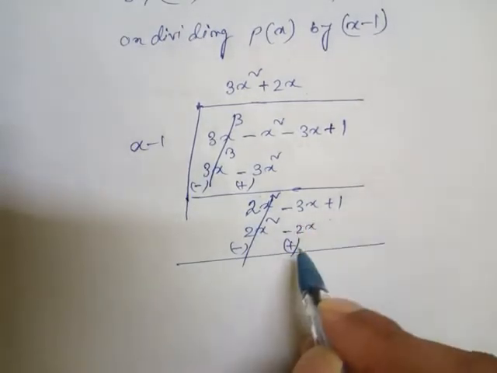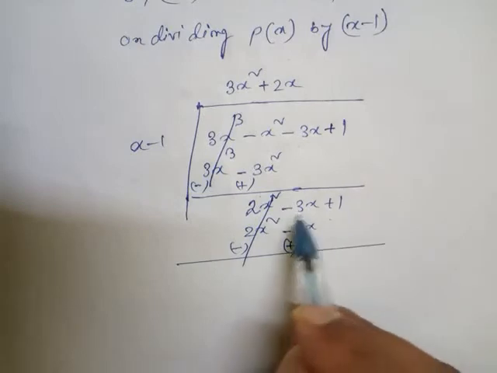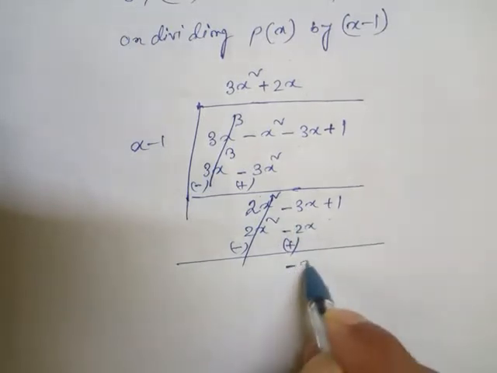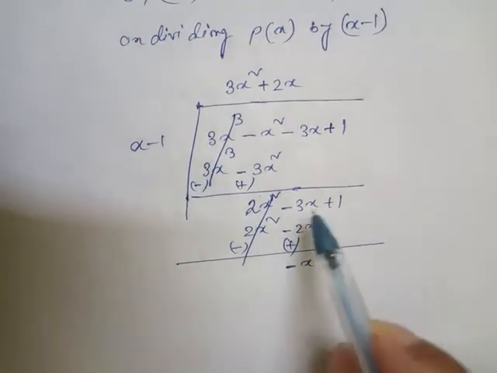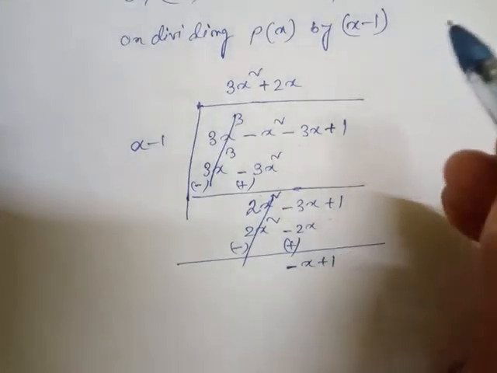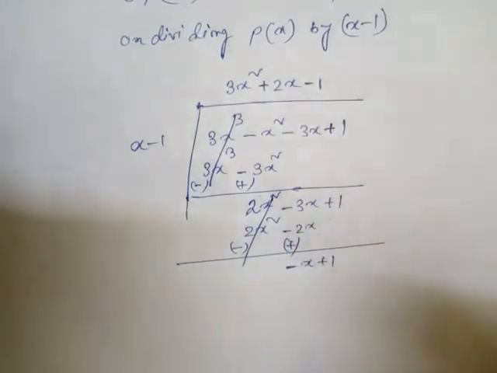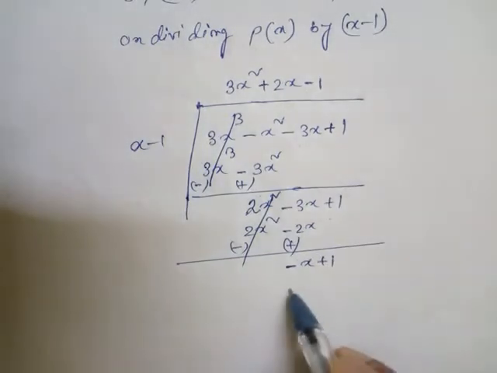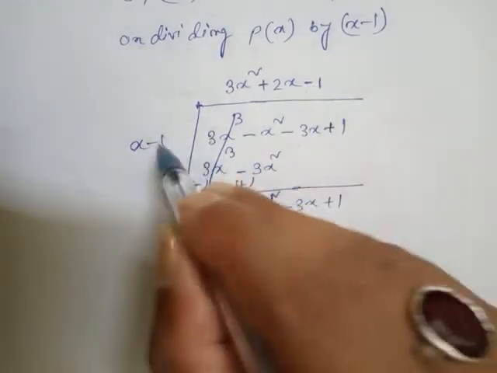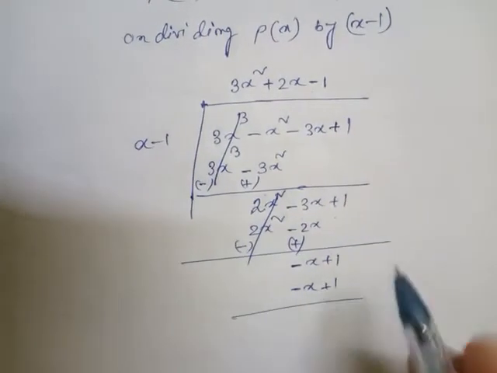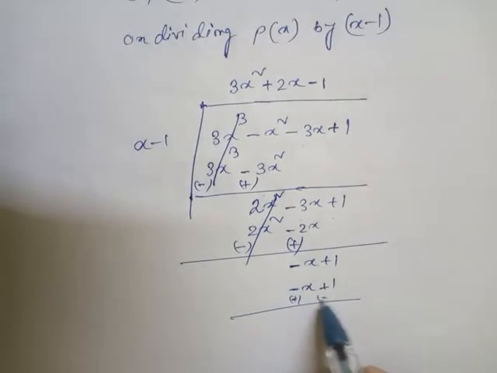Minus 3x and plus 2x, which means minus x, plus 1 here. Now student, here we'll write down minus 1. Minus 1 into x is minus x. Minus 1 into minus 1 is plus 1. So the signs change, cancel, and the remainder is 0.